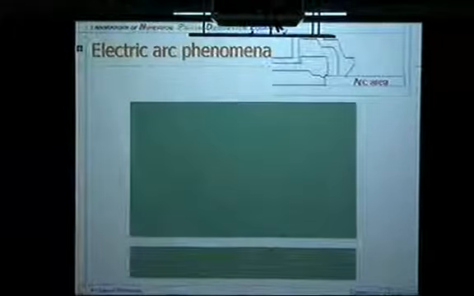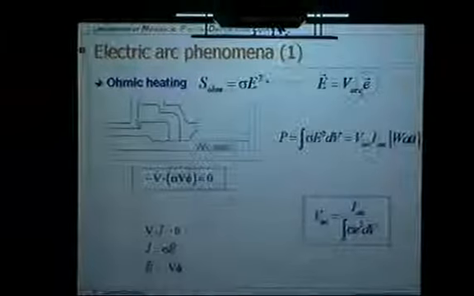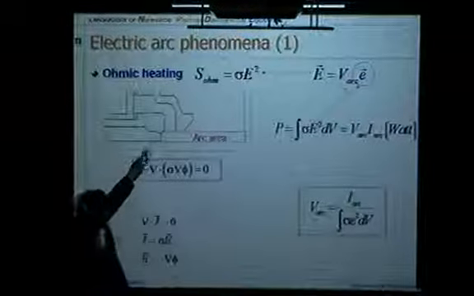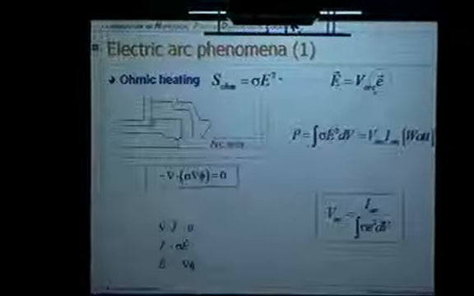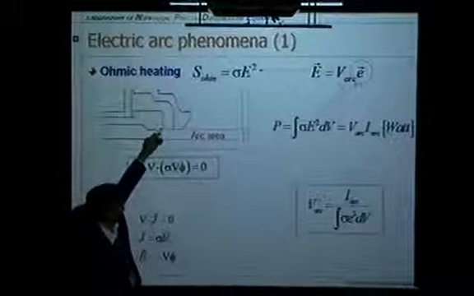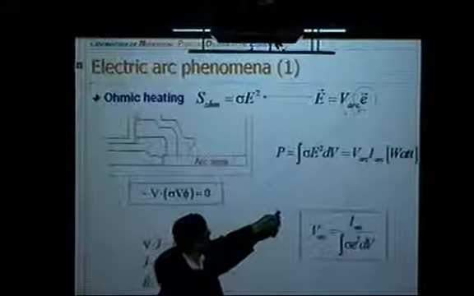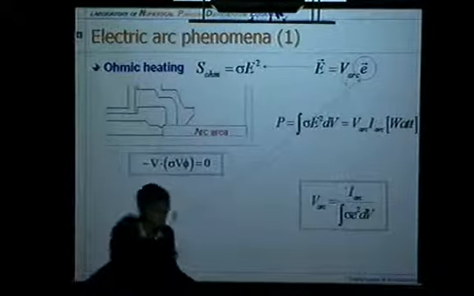So the question is, how can you find the voltage on V0 and V1 here? The idea is we compute the power. The power is sigma E squared, which is the energy at each point.